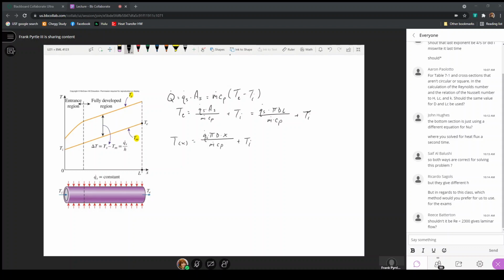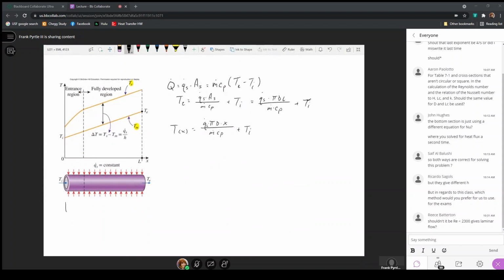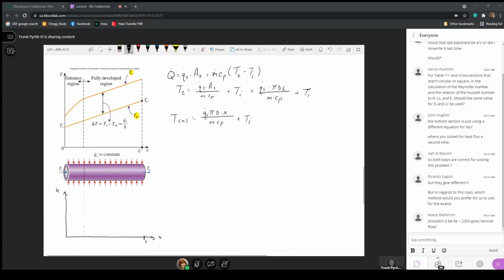Remember, in the entrance region, if I do an overlay here, let's try this. h as a function of X. So here is L, and if I bring this line down, this expression here would be L sub T. This is the thermal entry region length. The heat transfer coefficient varies from infinite, and then it becomes a constant here.